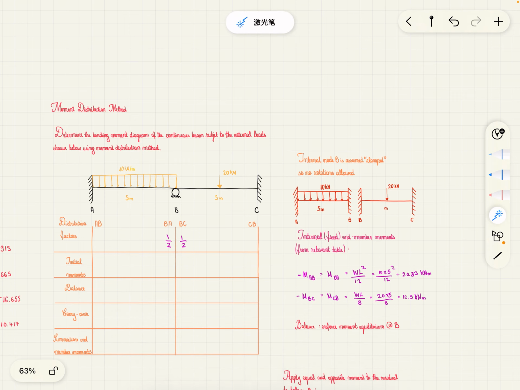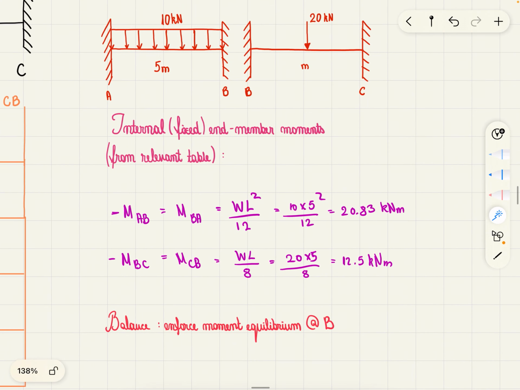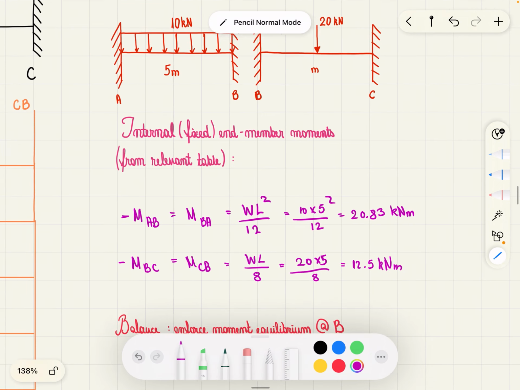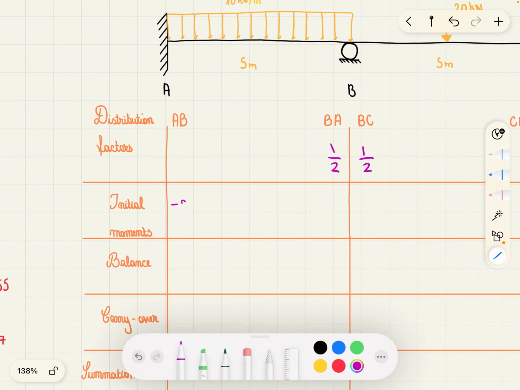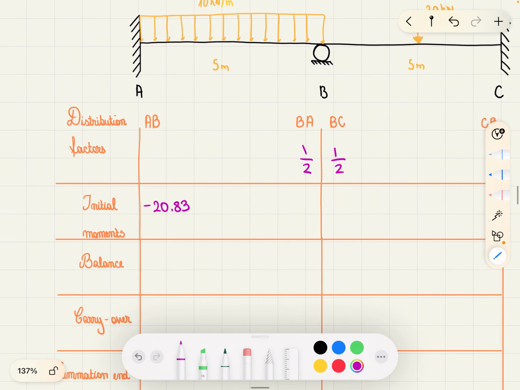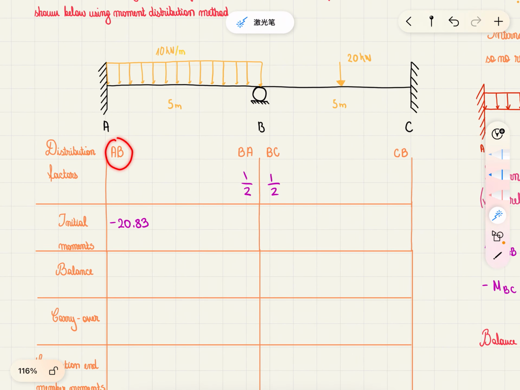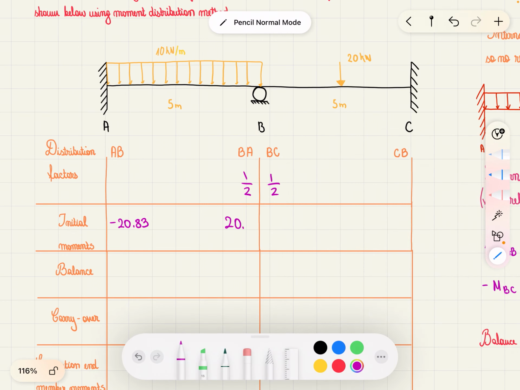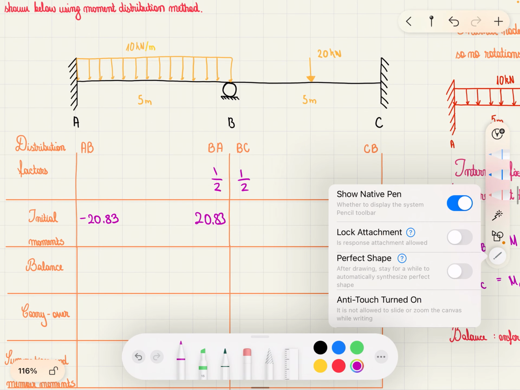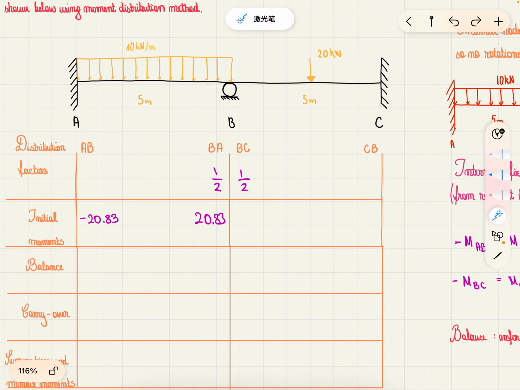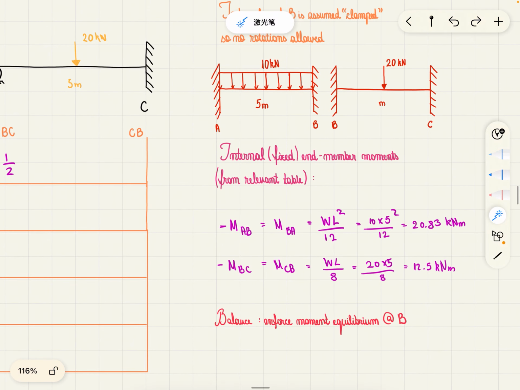Now let's put this in our table. We want moment AB to put it here. We know minus moment AB is positive this, so positive moment AB is negative this. So minus 20.83. We know MAB is equal and opposite to MBA, so the value here is going to be 20.83. Let's check. MBA 20.83.